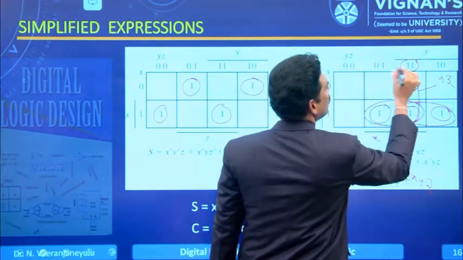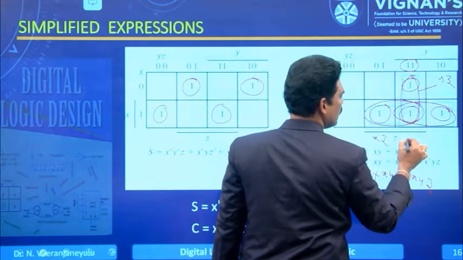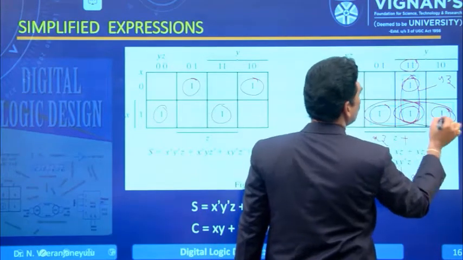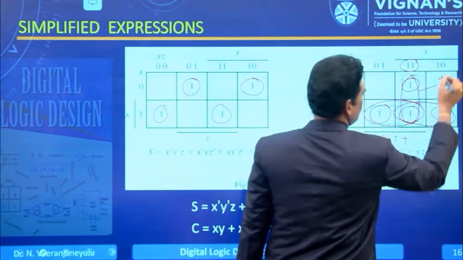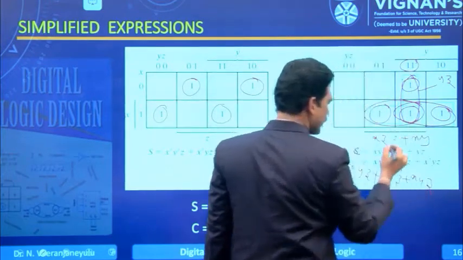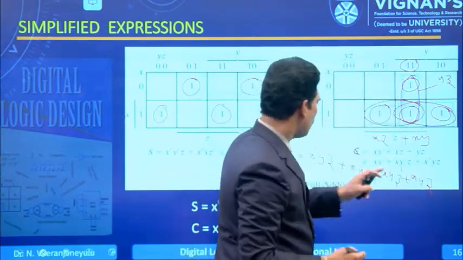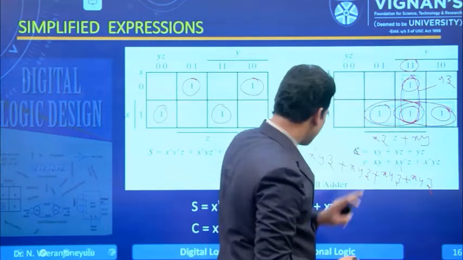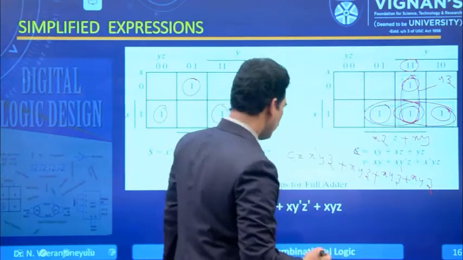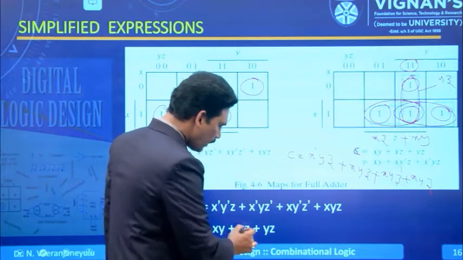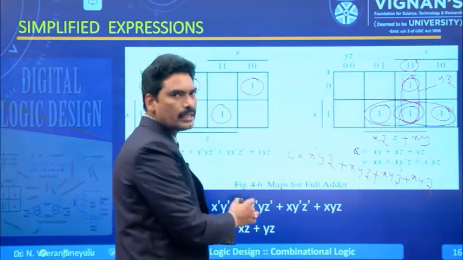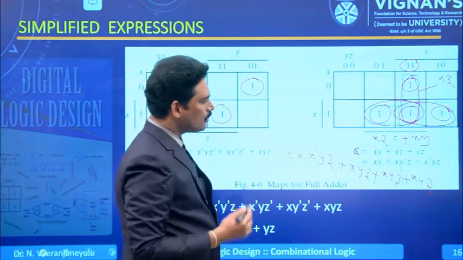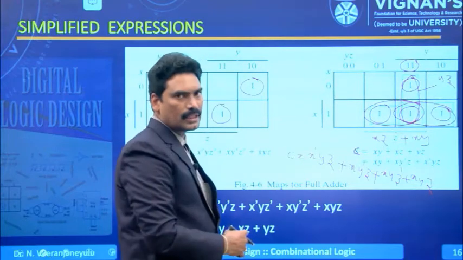What about this one? X is common, and Z is common, XZ. And this one? X is common and Y is common, XY. So the expression is XY plus XZ plus YZ. This is the simplified expression for C.